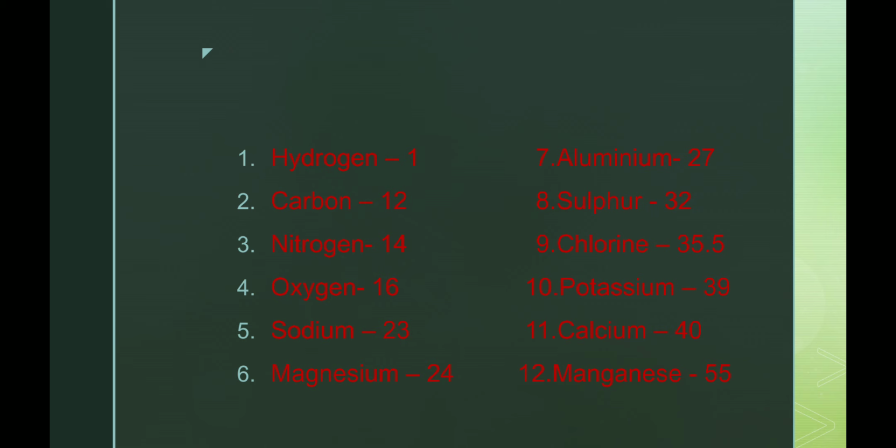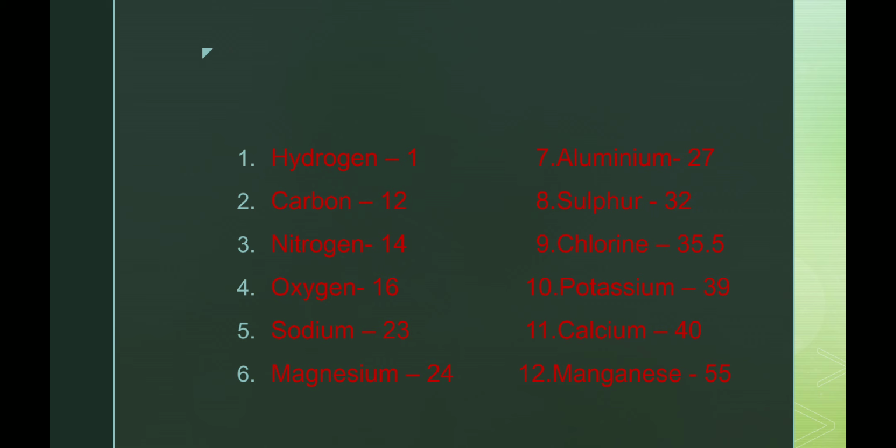Similarly, nitrogen 14, oxygen 16, sodium 23, magnesium 24, aluminium 27, sulfur 32, chlorine 35.5, potassium 39, calcium 40, manganese 55. So what do these numbers imply?